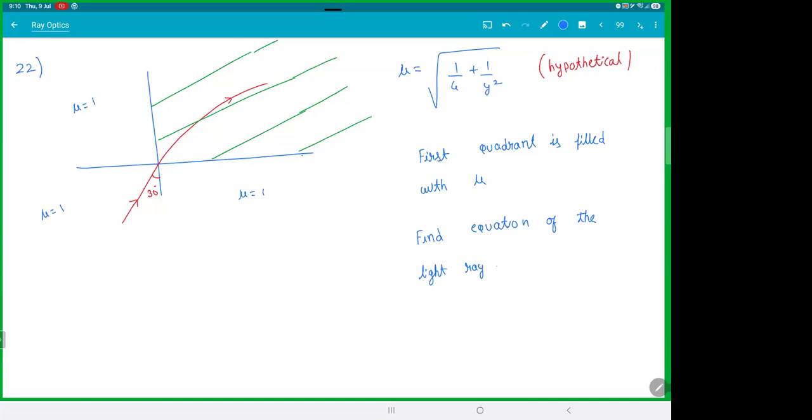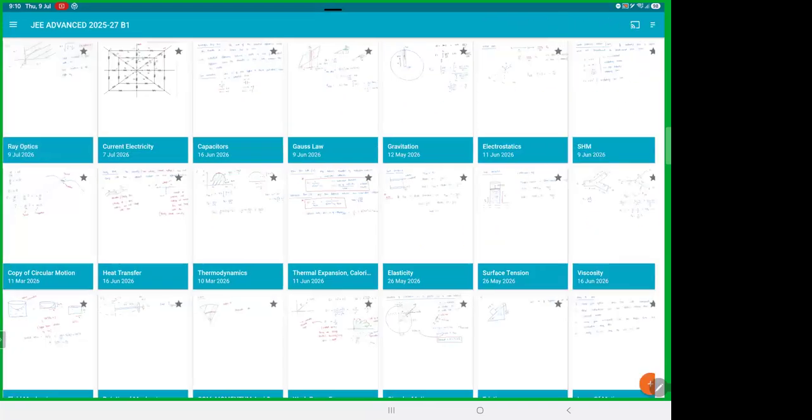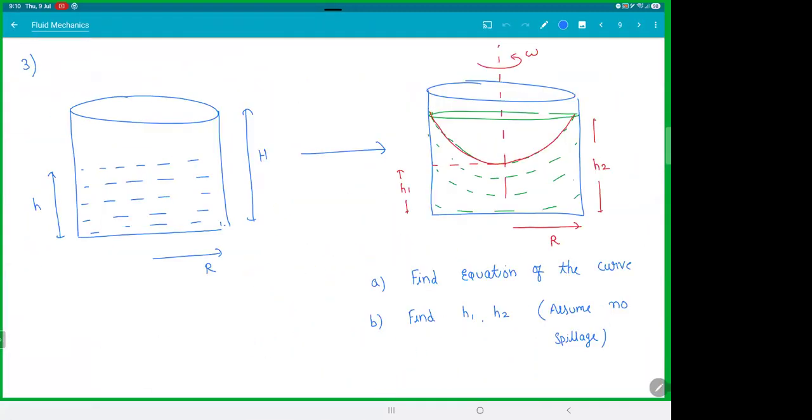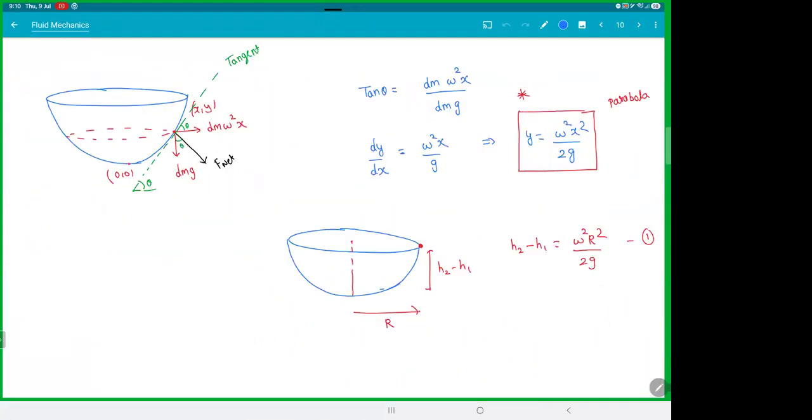Whenever they ask you to find the equation of something in physics, first time, where did you hear this thing? I think it started somewhere in fluid mechanics. Find the equation of the curve. And what we did, there's only one thing that we know. Kinematics is different. This is an equation of the shape of something. We know slope is dy by dx. So somehow you have to get tan theta using physics and then put dy by dx and integrate.